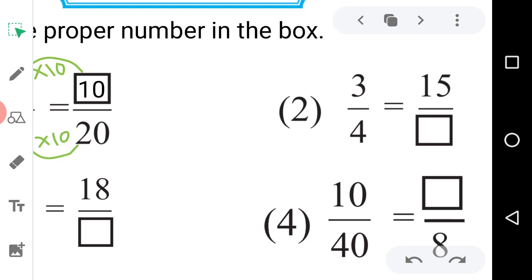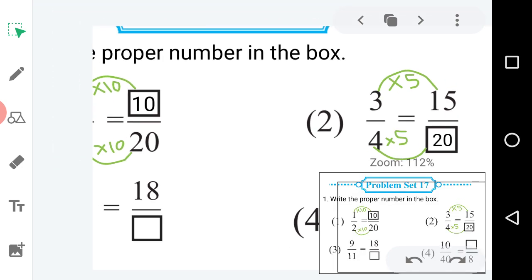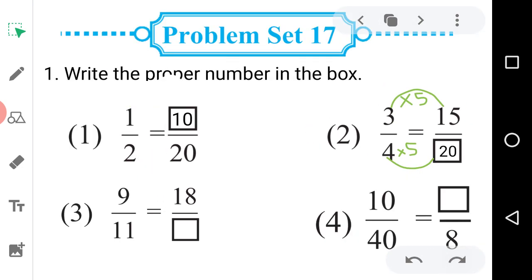If we multiply 3 by 5, we get 15. 3 fives are 15. So here we need to multiply 4 by 5. 4 fives are 20.